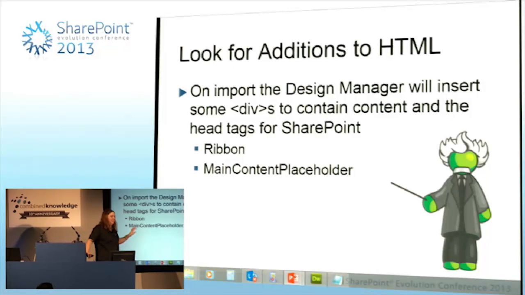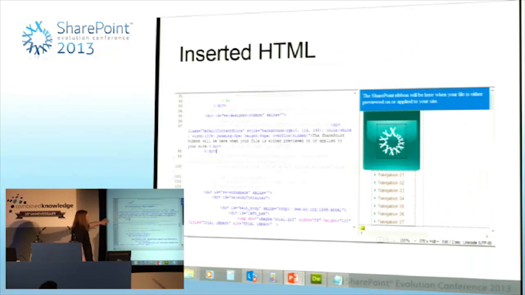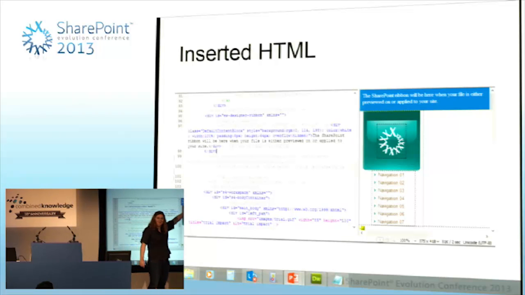So they actually coded these things to be like neon yellow in the design view. So when you open up this HTML file in your HTML editor, and I've tried it in most of them that have a design preview, it's bright yellow. So you can see it, click on it, find it, move it around. It's actually fairly nice. So you can go in and look for it. It's in there. I don't have the screen of it, but see, here is the ribbon.